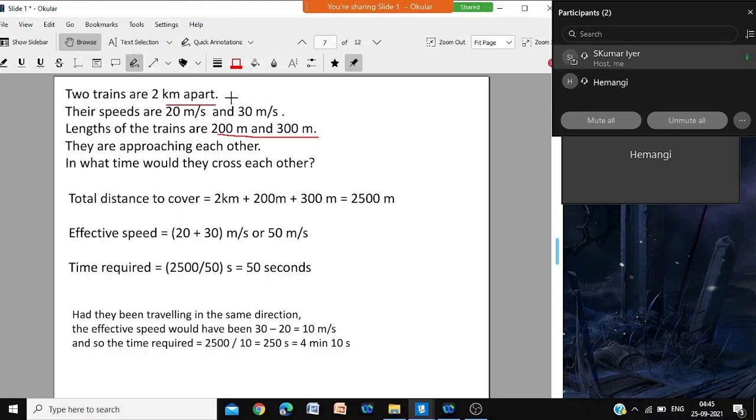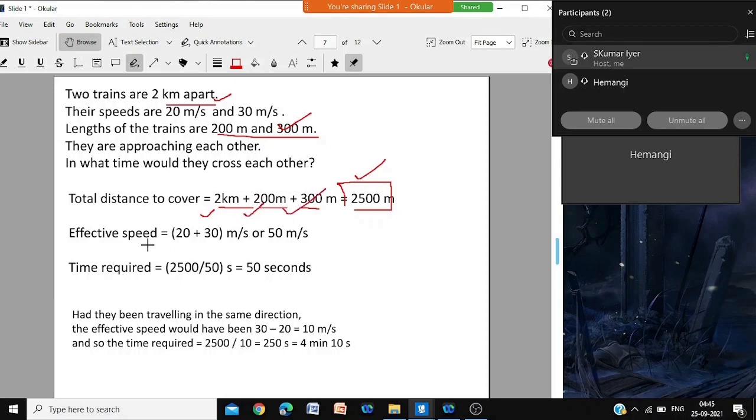First they have to cover the 2 kilometer, then they have to cross this 200 meter and 300 meter. So 2 kilometer is 2000 meter plus first train 200 meter, second train 300 meter, total coming 2500 meter. This is the distance they have to cover: the gap plus the length 1 plus the length 2.